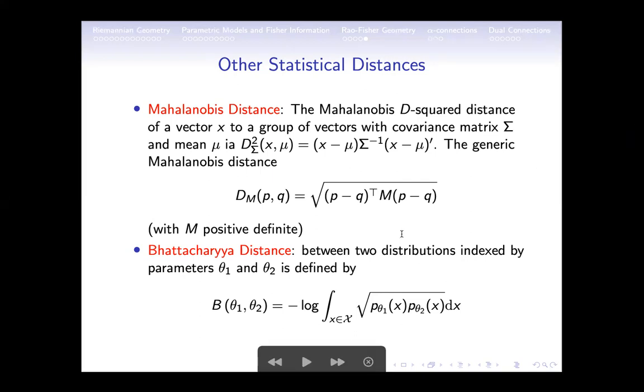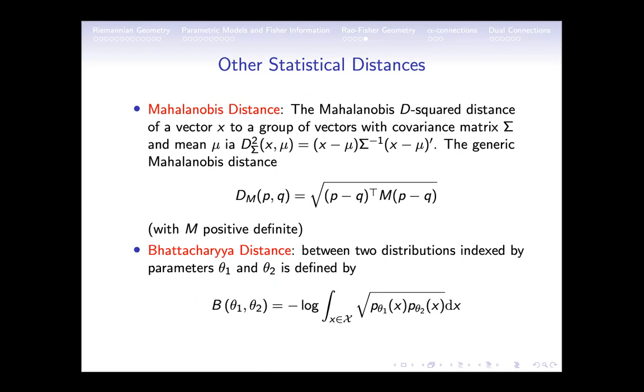But unfortunately, this Bhattacharya distance is not a metric. The Mahalanobis distance is a metric, I think. But you can convert the Bhattacharya distance in some way to get a metric. So you can get it, but these are just to give two different notions of statistical distances.